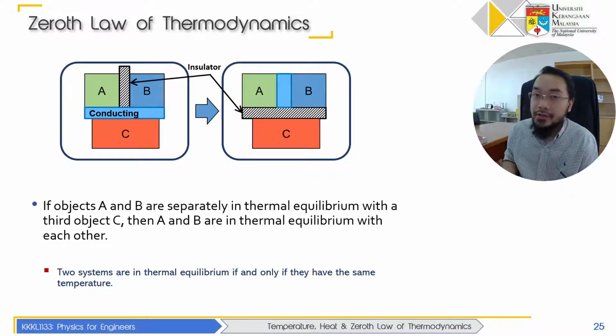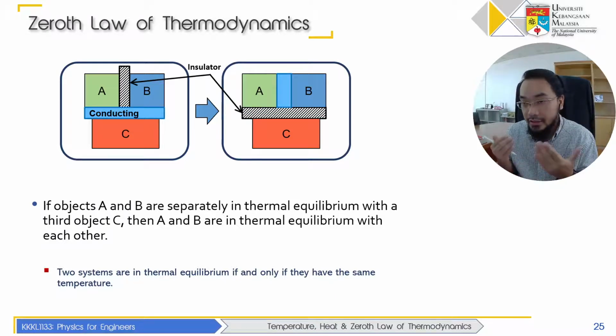So how does the zeroth law of thermodynamics come about? It comes about after the discovery of the second law. People actually knew this phenomenon, but they had not come up with a proper definition or law to describe it. But once they had done a lot of analysis and research, they realized that they needed to define this phenomenon and create some sort of convention or law to describe it.